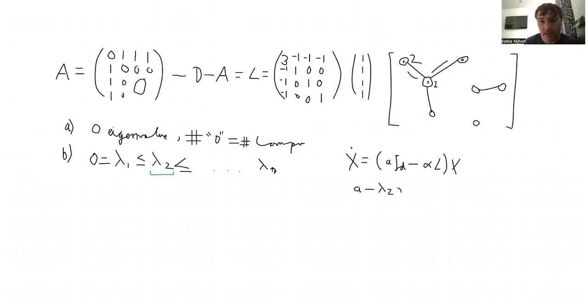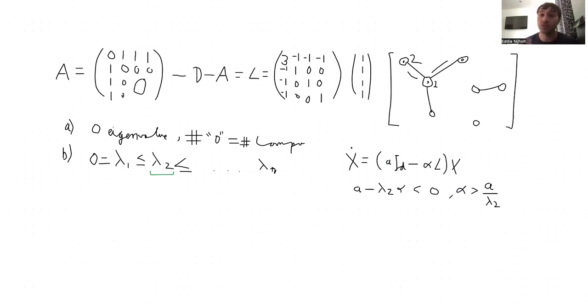So in the general case, we get the condition that alpha, this coupling strength, has to be bigger than A divided by lambda 2. This lambda 2 is called the Fiedler value. So what we see is that synchronization is possible precisely when alpha is bigger than a certain bound, and that certain bound goes down.